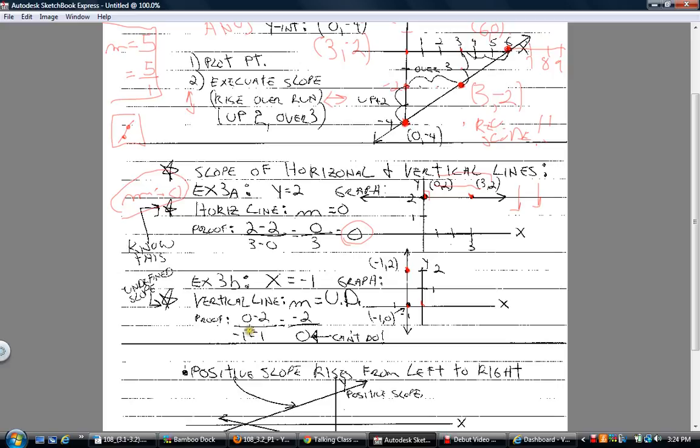Calculate the slope. Change in the y-axis. I went this way. I subtracted 0, 2. You also could do 2, 0 if you like my new technique of going vertically down. And then you could do -1 minus a -1, or you could go the other way, it just doesn't matter. -1 minus -1 is going to be the same thing.